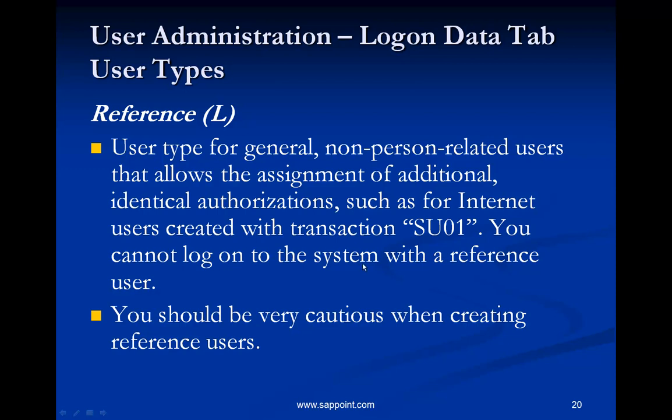You cannot log onto the system with a reference user ID. You should be very cautious when creating reference user IDs. This is one type of user ID you probably will not create any time. It's very rarely created in special cases where you have to create internet user IDs.